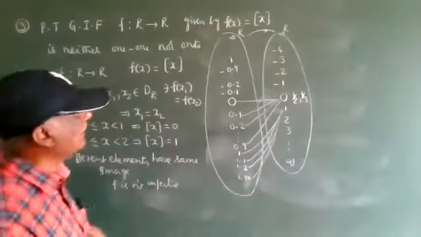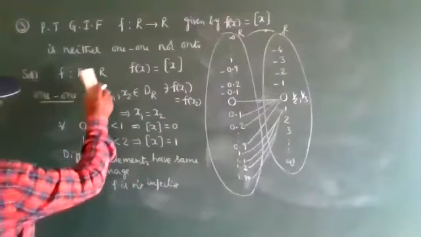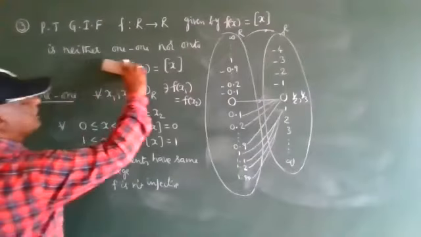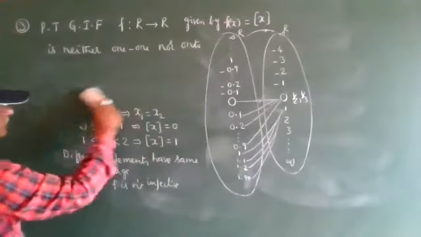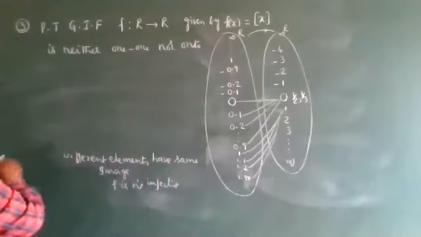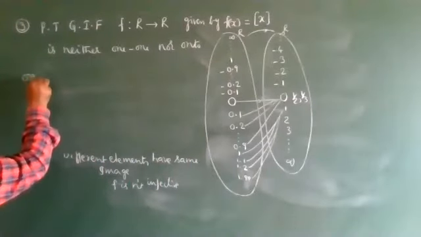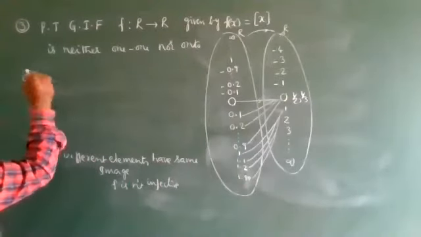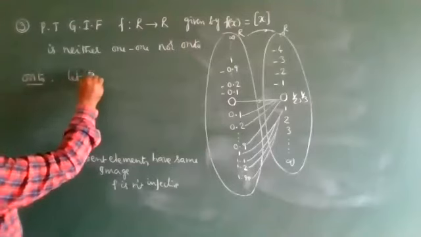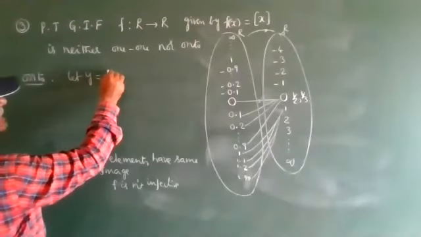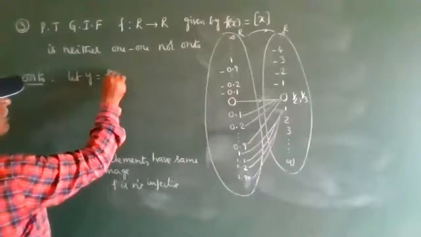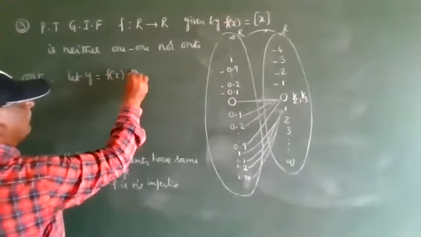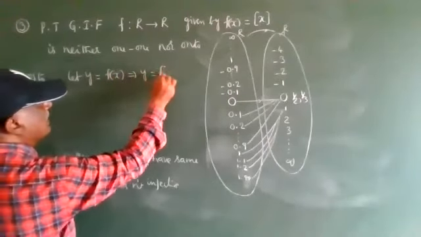Okay, right? Now surjective. Everyone, the onto function we can see. Surjective, that is the onto function. Let y is equal to f of x. What is f of x? Step function.